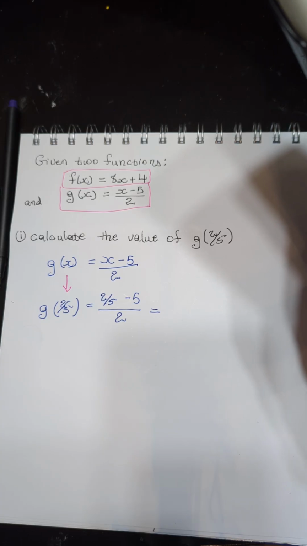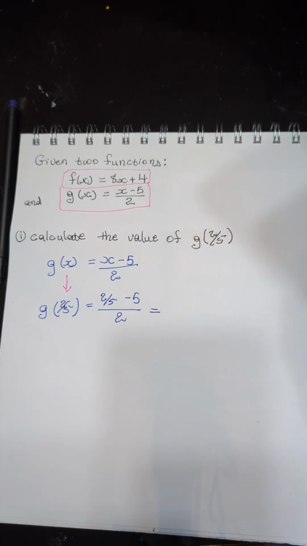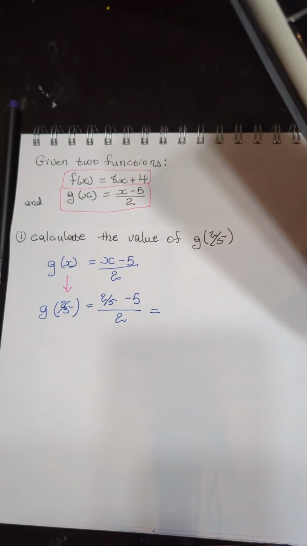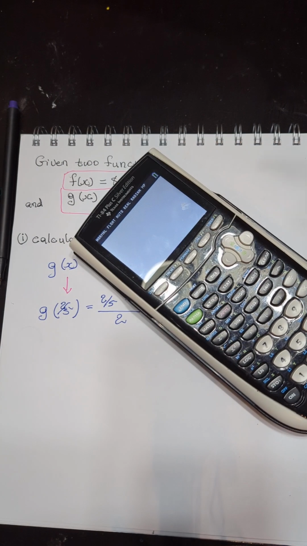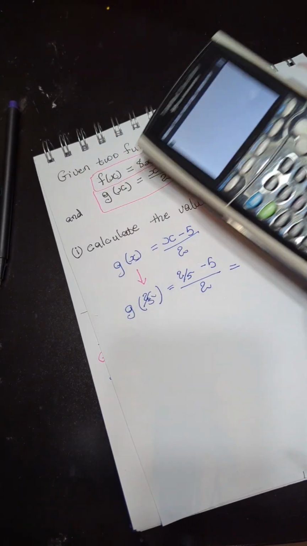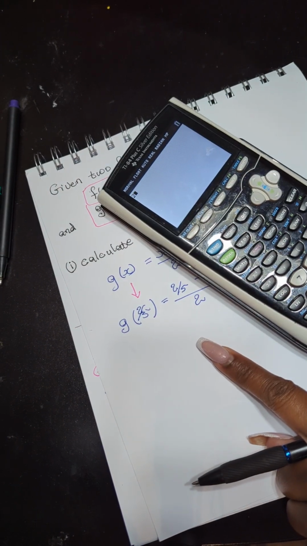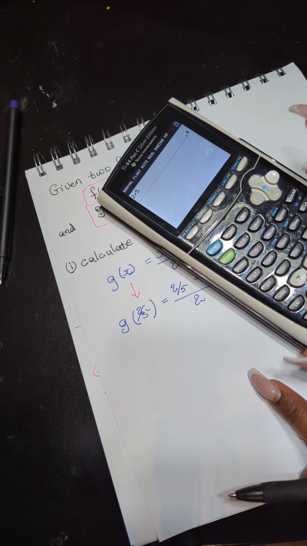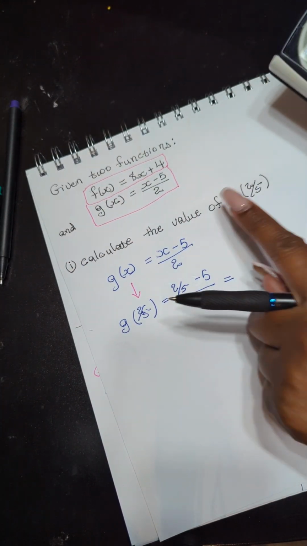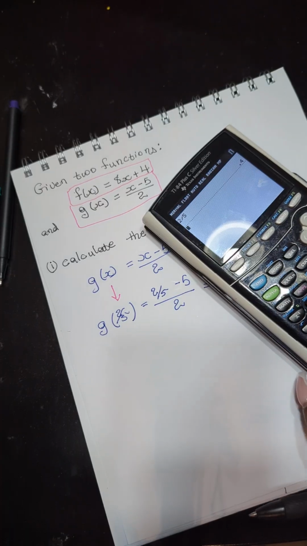All right, now we can do it the long way, but we're not about that life. I should have done more research. I don't remember that, but we're gonna do it the other way. 2/5 is 2 divided by 5, right? 2 divided by 5 is 0.4, good. And then we're going to subtract 5.